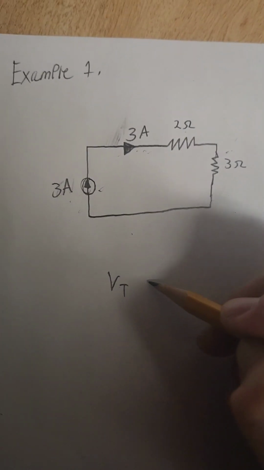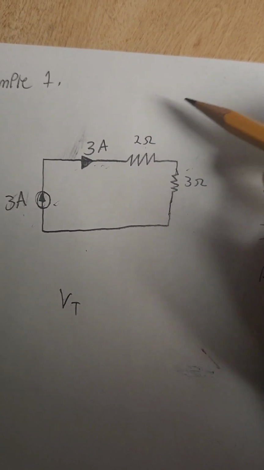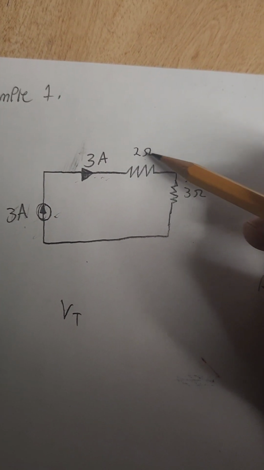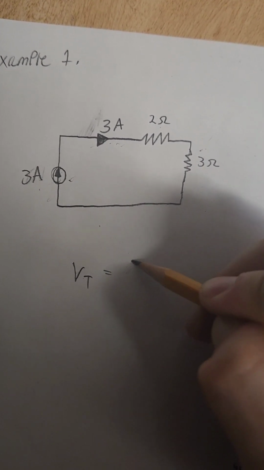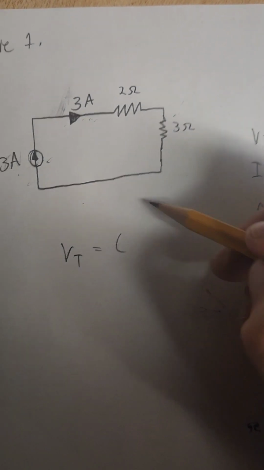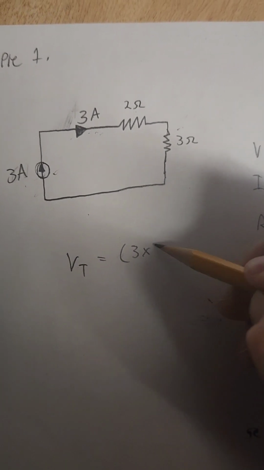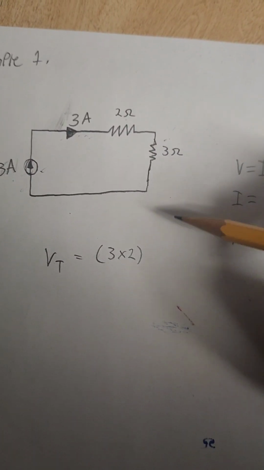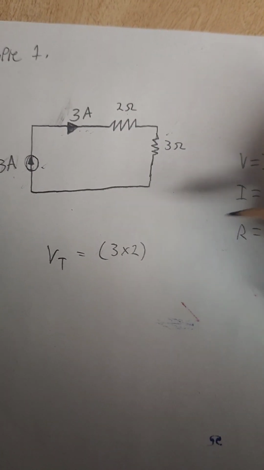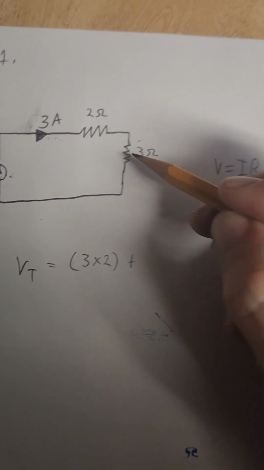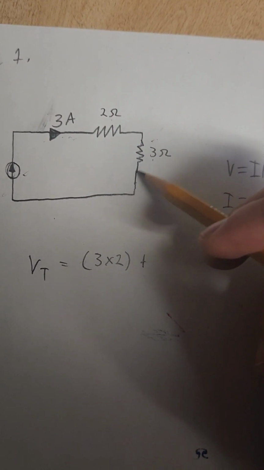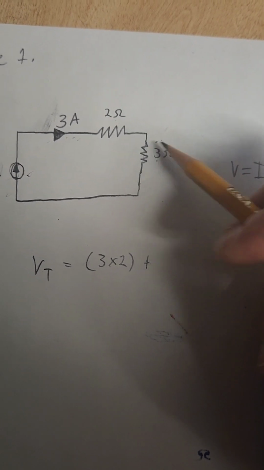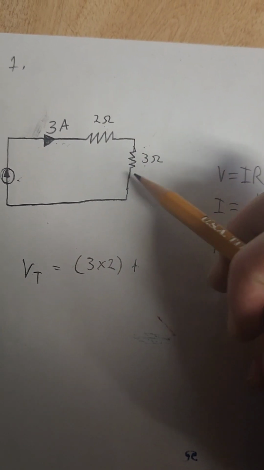But this is the same thing as saying 3 times 2. So V total would be equal to the amperage times the resistance plus this. The amperage stays the same in series. There's a voltage drop across this and a voltage drop across this, but the current stays the same.